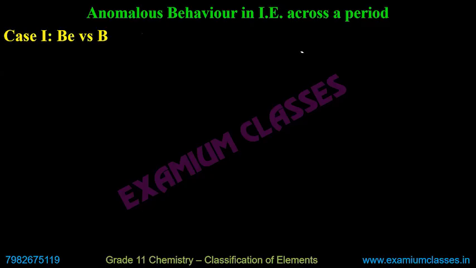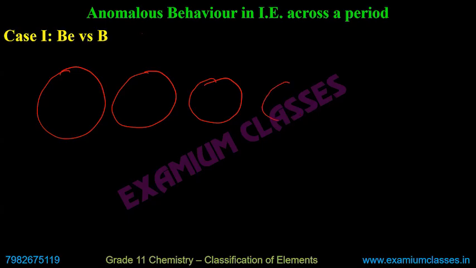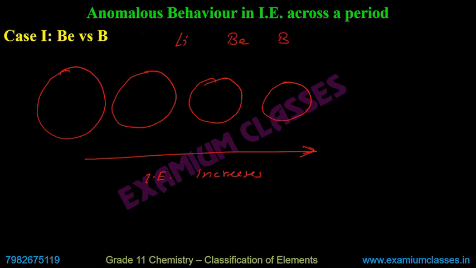We say that the size across a period decreases, force of attraction increases, hence ionization enthalpy across a period increases. This is something we have talked about. But if this is the case, then after lithium we have beryllium, then we have boron, carbon, etc. Then ionization enthalpy should increase in this sequence.